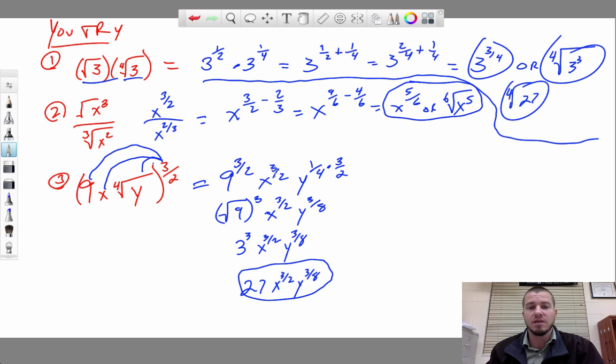And then x raised to the 3/2, that doesn't simplify, so that's the part in my answer. And y raised to the 1/4 times 3/2, power to a power, I'm multiplying the exponents, and that becomes multiplied straight across, 3/8, and that doesn't simplify, so 27, x raised to the 3/2, y raised to the 3/8.